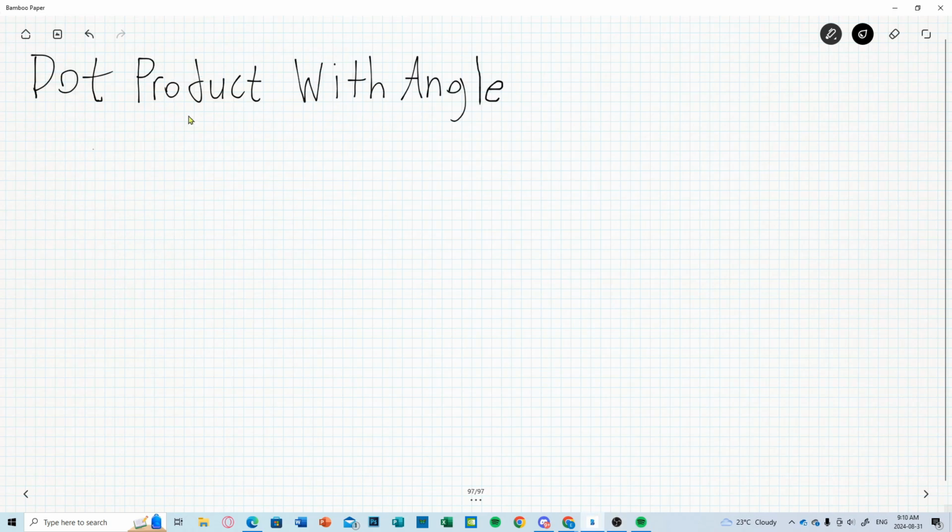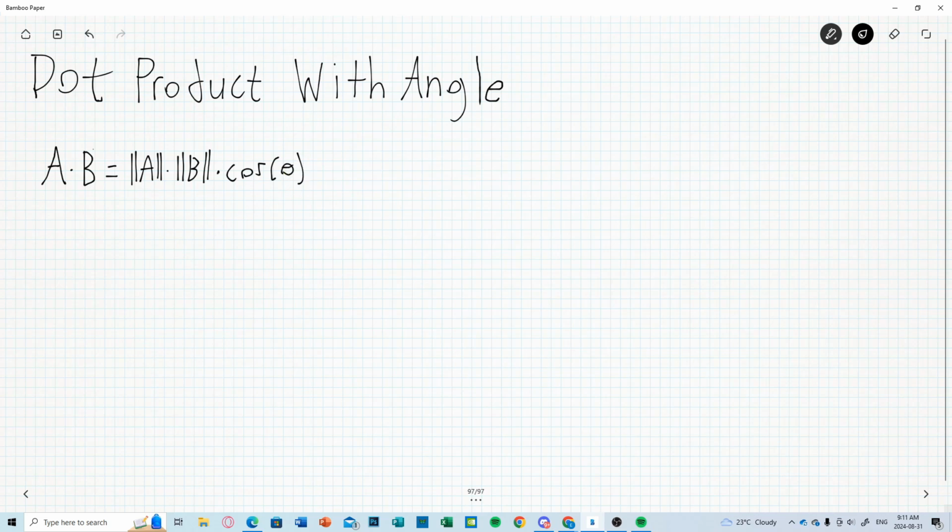Alright, next we'll do the dot product formula involving the cosine of an angle theta between the vectors. The new dot product formula with an angle is A dot B equals the magnitude of A multiplied by the magnitude of B multiplied by cosine of your angle theta.